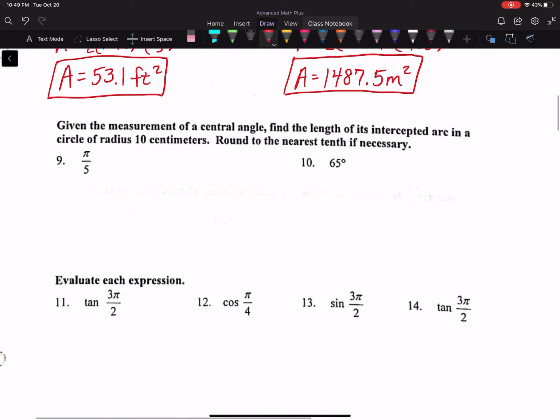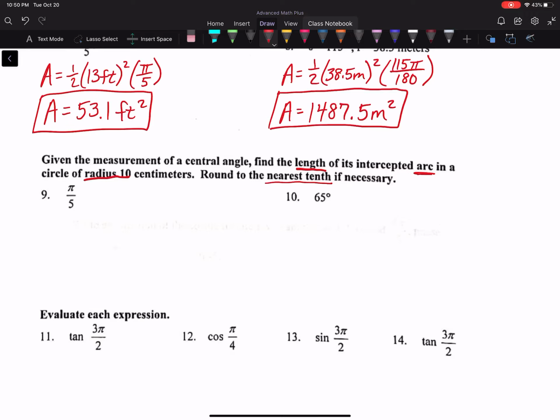All right. 9 and 10. This time we are finding the arc length, and again we're rounding to the nearest tenth. It gives me my radius. The formula you need to know is S, which stands for arc length. S is R times theta, and again, your theta has to be in radians.